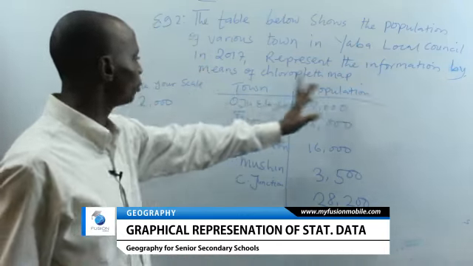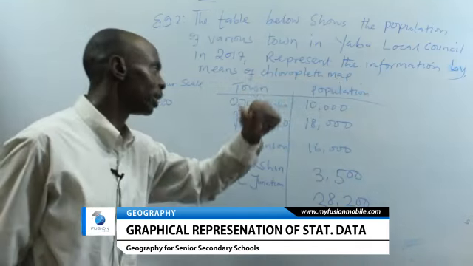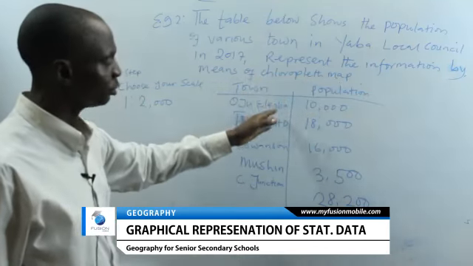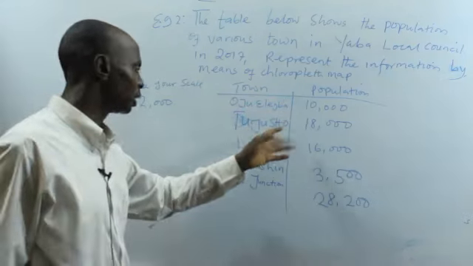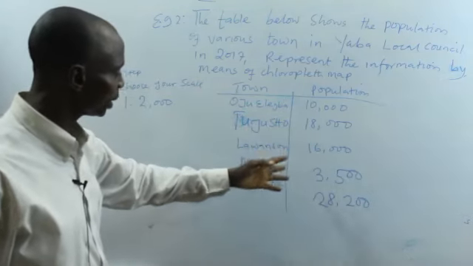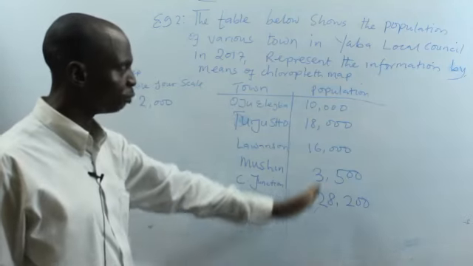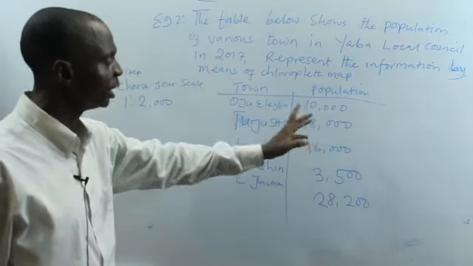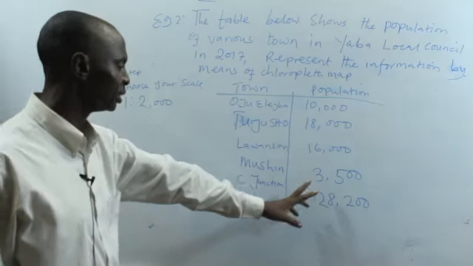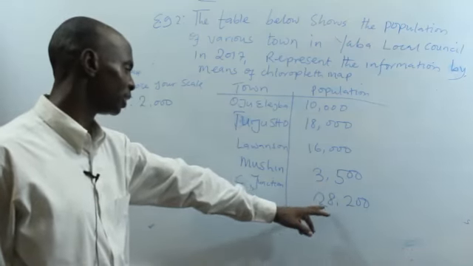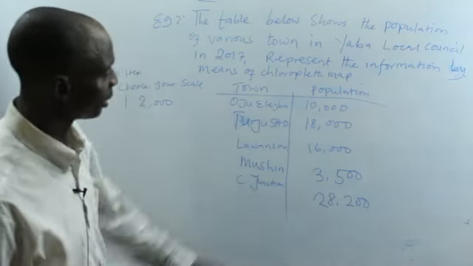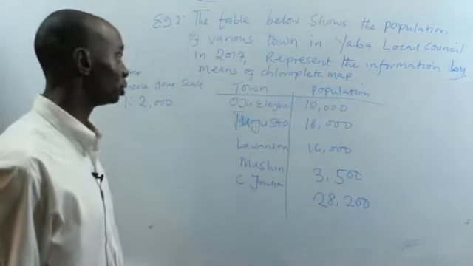Represent the information by means of a Choropleth map. These are the towns: Ujuelegba, Lawasin, Mushin, and Church Junction. These are the population figures: 10,000, 18,000, 16,000, 3,500, 18,200.